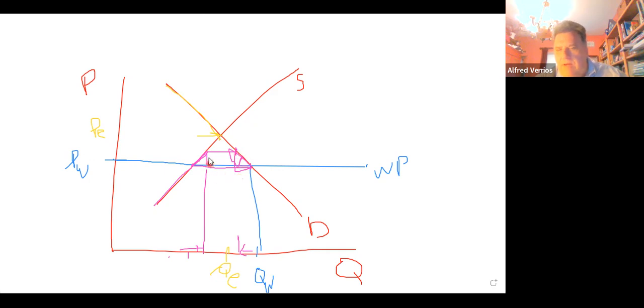This rectangle, yes, this area here is the tariff, price times quantity, right? And this triangle here is a gain of the local domestic producers who regain this quantity.